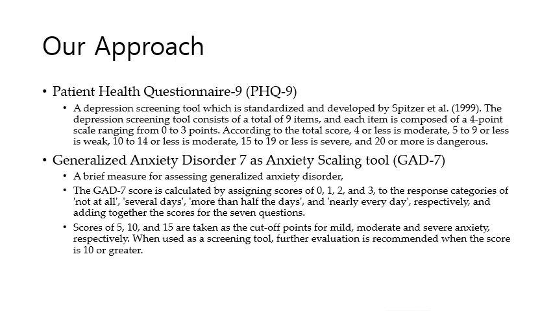According to the total score, 4 or less is minimal, 5 to 9 or less is weak, 10 to 14 or less is moderate, 15 to 19 or less is severe, and 20 or more is dangerous.